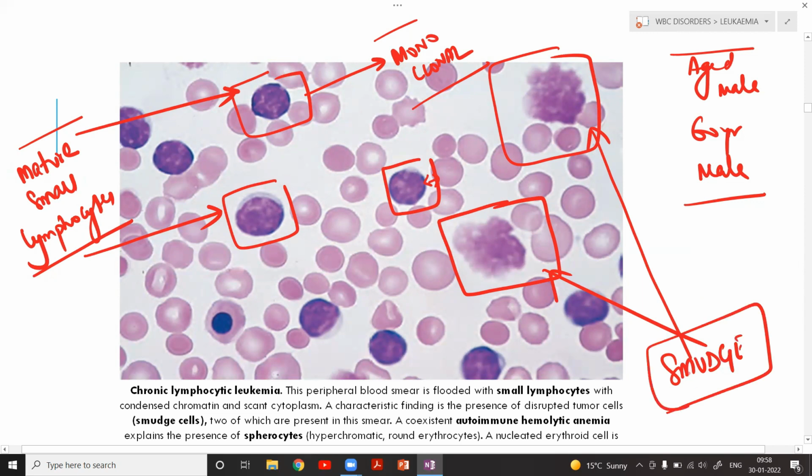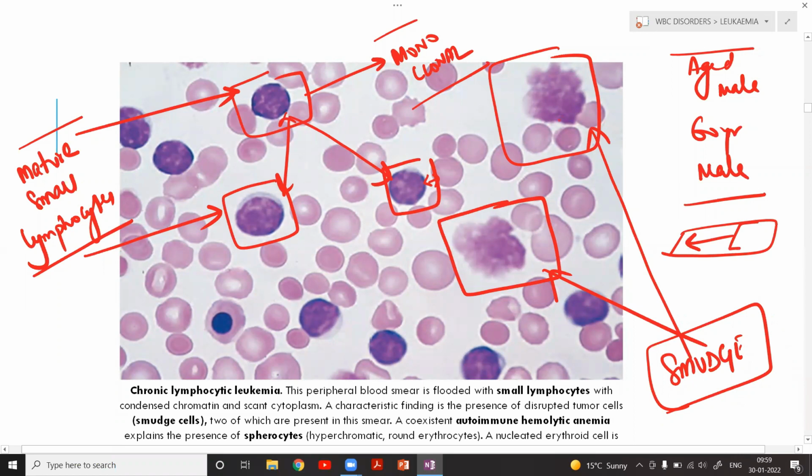What happens in the smudge cells is that these cells are basically very fragile. When you smear them on a slide, the smearing actually crushes the lymphocytes.